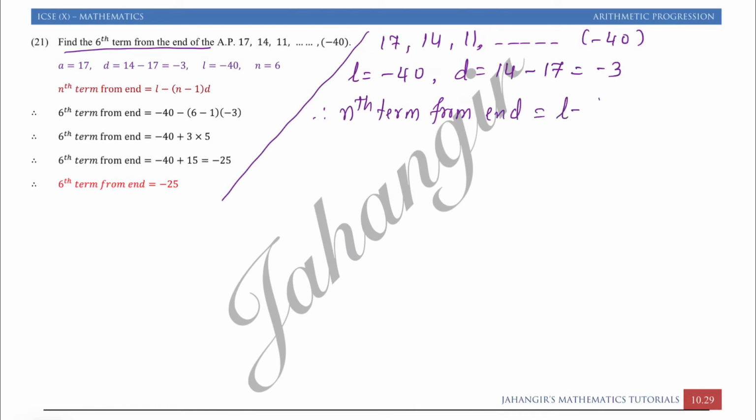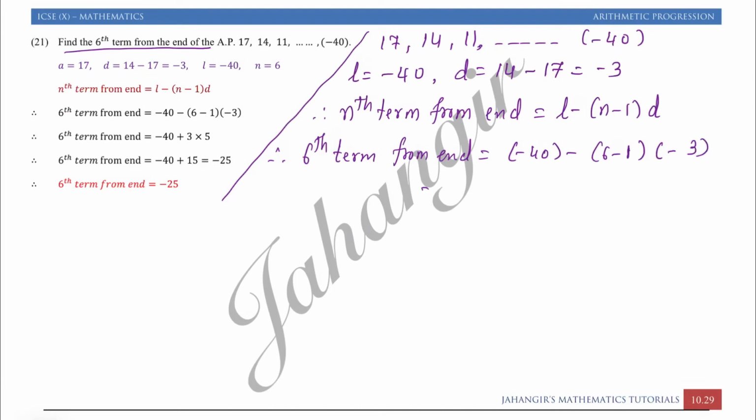is L minus (n minus 1) into d. So therefore we want the sixth term from the end, that is, the last term is minus 40, minus (n is 6, minus 1) into d, which is also minus 3. So we can write minus 40 minus 5 into minus 3.